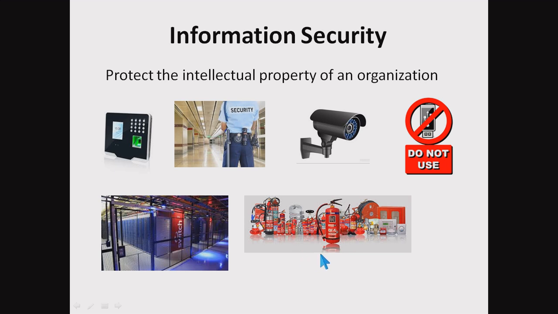The fire safety equipment naturally takes care of a fire emergency, or some other emergency situation or disaster in the office that has to be prevented, and so on. So all of these aspects are part of information security, and let's look at some more aspects in the next slide.